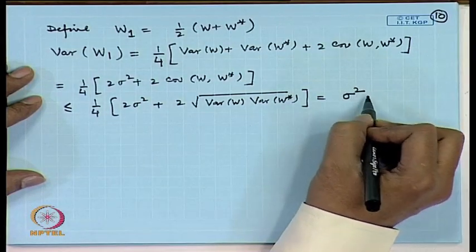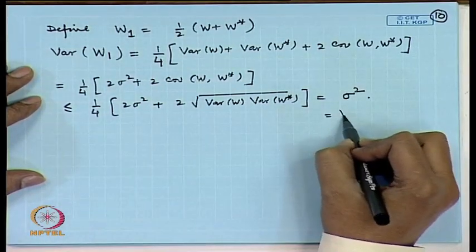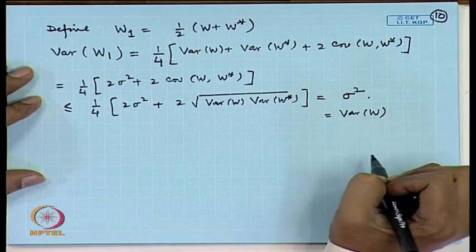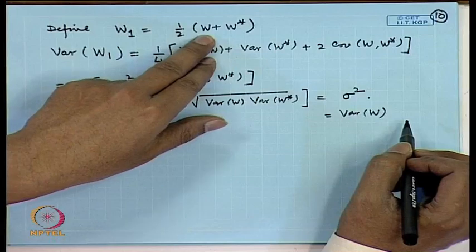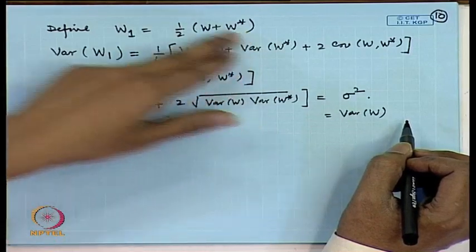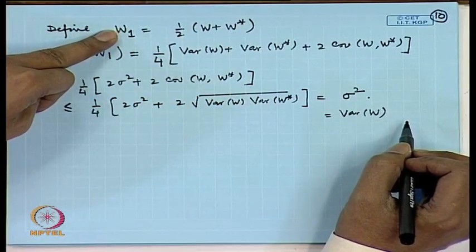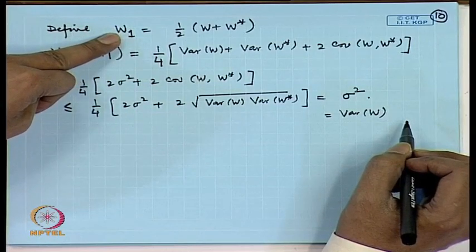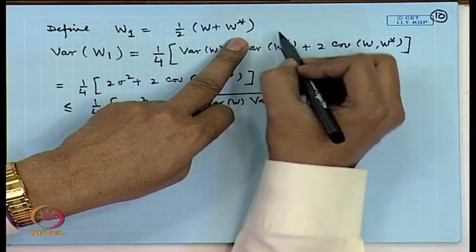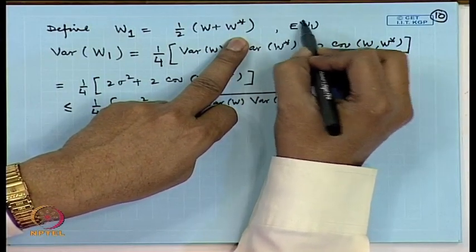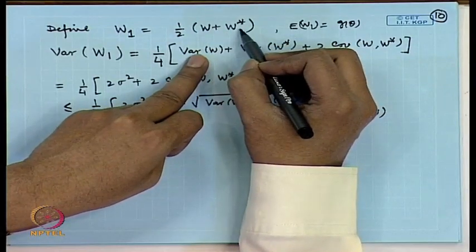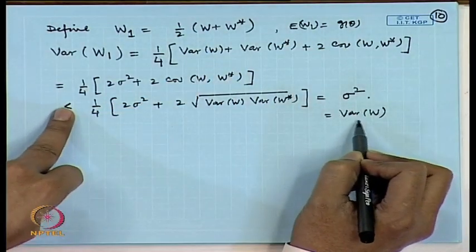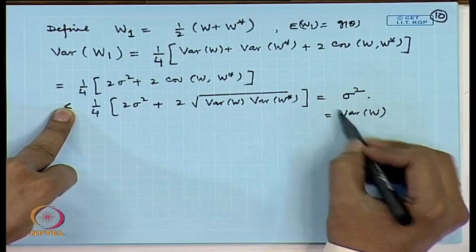So, it becomes sigma square, which is the variance of W or W star. So, what we are proving? If W is UMVUE, W star is another UMVUE, then I am able to get another estimator W1, which is also unbiased, because if I take expectation of W1 here, that is again g theta, as both W and W star are unbiased, and its variance is less than or equal to the variance of W.